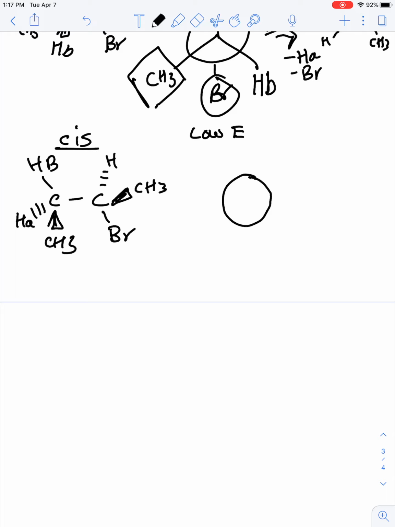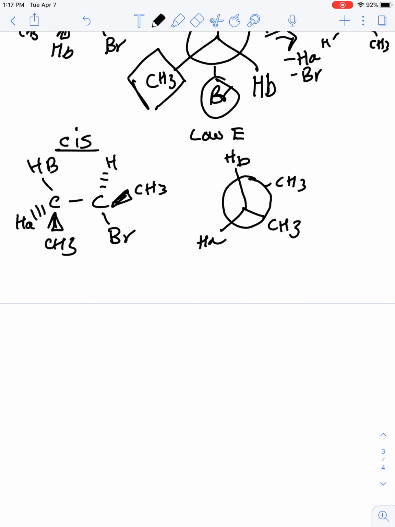When we draw the Newman projection for this, we have HB, we're going to have HA over here, we have our methyl, so HB is going to be anti-periplanar to our leaving group, which in this case is bromine.